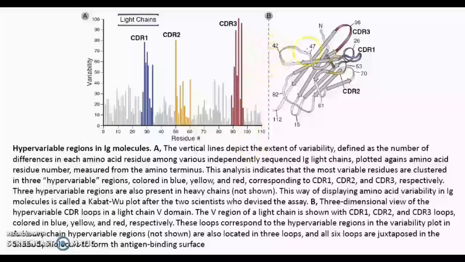Here is the domain, here is the VH or VL, and there are 3 stretches in the loop as we mentioned previously: CDR1, CDR2, CDR3. Here is the diagram which represents the variability. The variability is very high in CDR3, then CDR1 and CDR2.